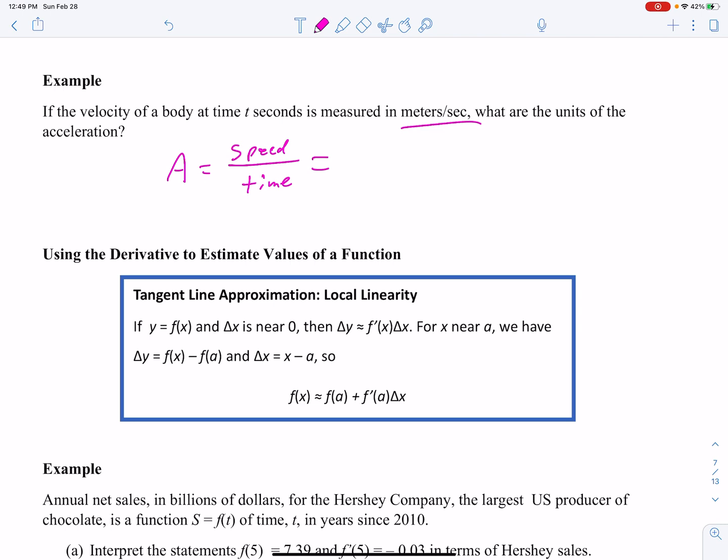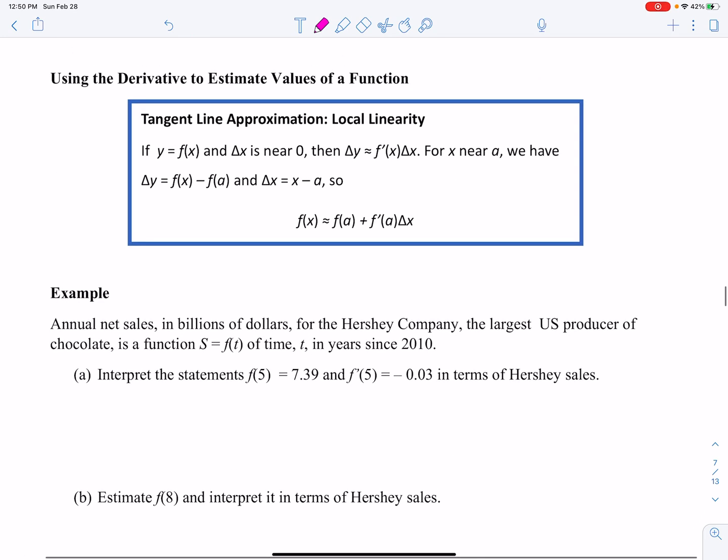So speed is, as we just said, meters per second, and time is seconds. So meters per second per second, we can write like this, meters per second squared. That's the units for acceleration. All right, next. Using the derivative to estimate values of a function.